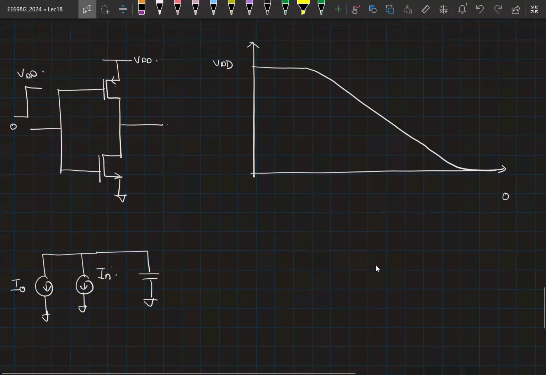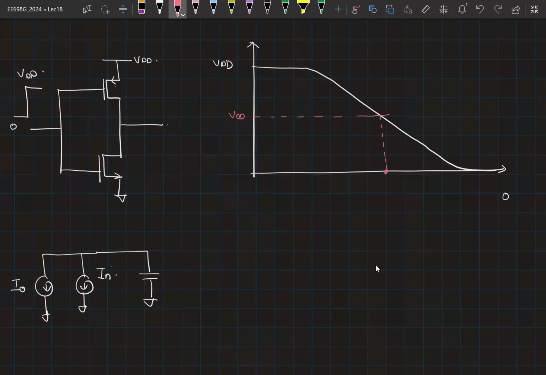Now because of this, let's assume the ideal point where the signal crosses VDD by 2 was some T0. Now in the presence of IN, it's possible that this waveform is going to look like this. It could be below or above. It depends on the value of IN, whether it is positive or negative.